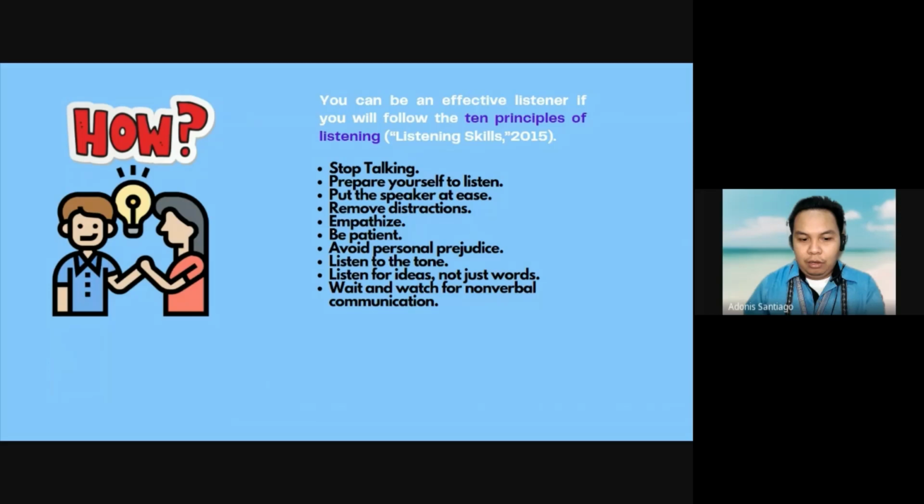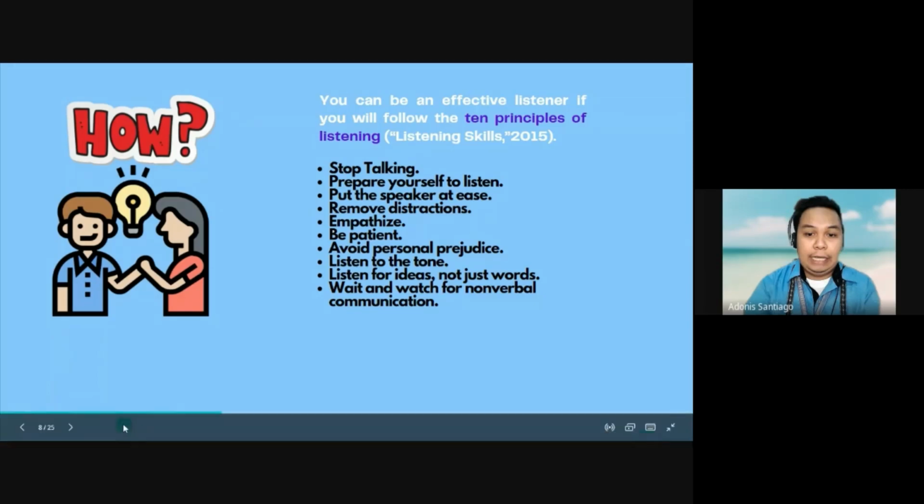We can also interpret it explicitly, or we can interpret it using those two ideas. We can also watch for nonverbal communication, the gestures, the facial reactions of the speaker, or the posture of the speaker. It is very much part of the communication process.